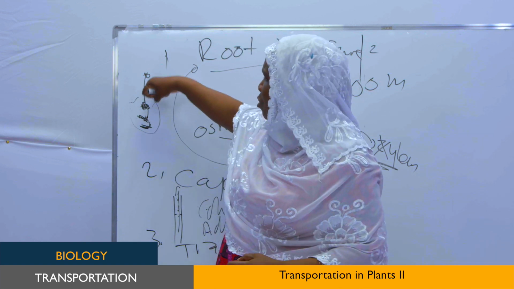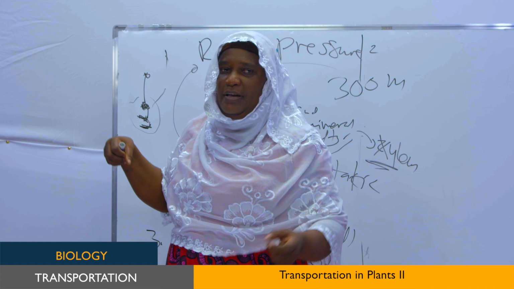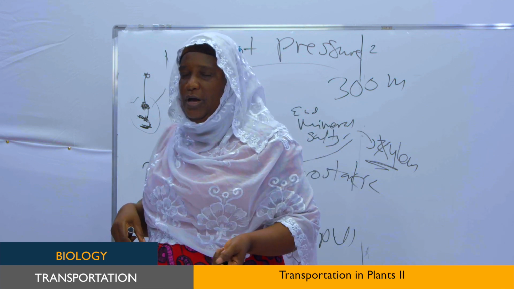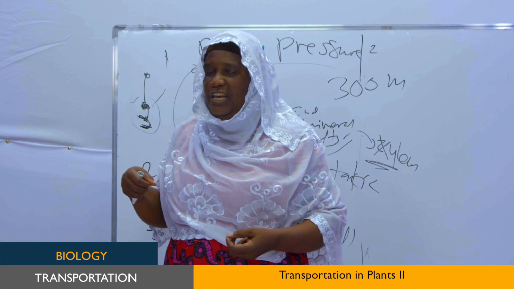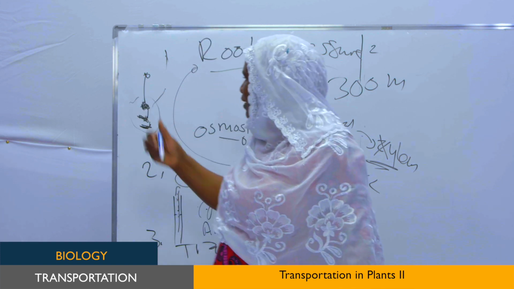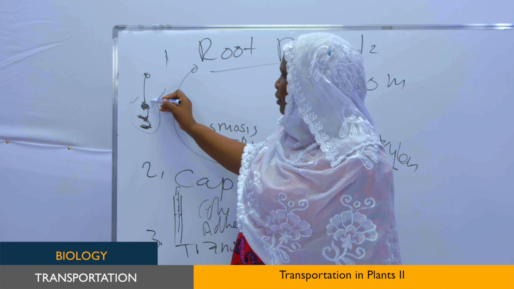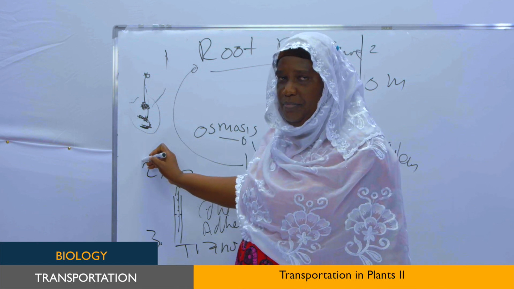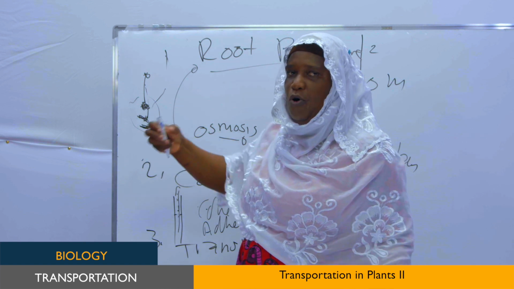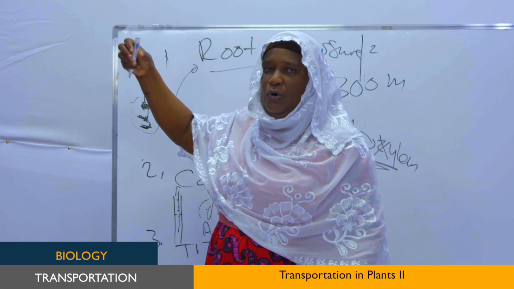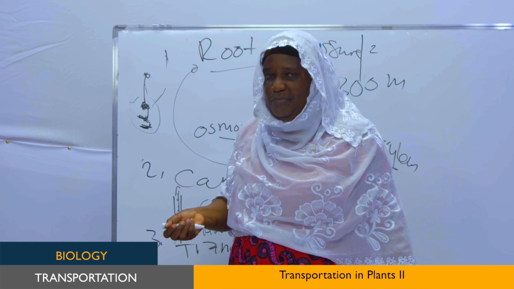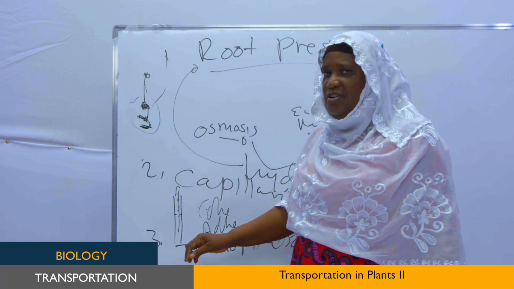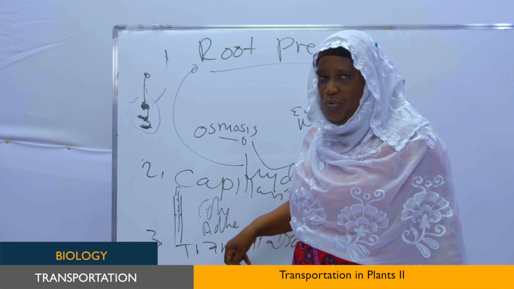So when one molecule is pulled, it also pulls another water molecule, making it move in a continuous column. And this phenomenon will go down the xylem, making water move up to tall trees. This pulling force is what is called the transpiration pull.